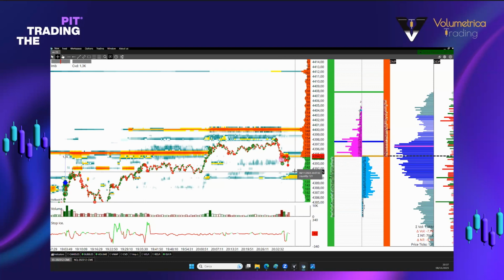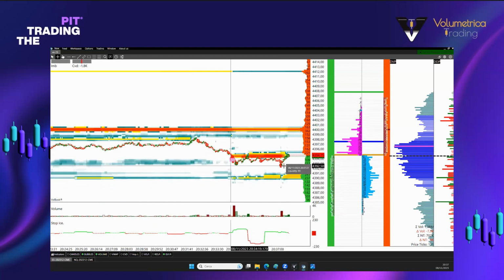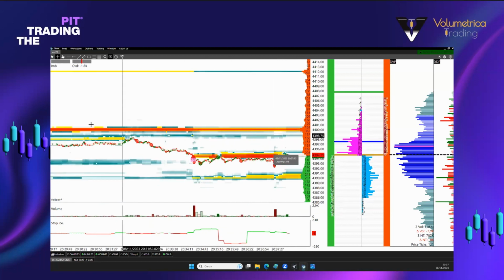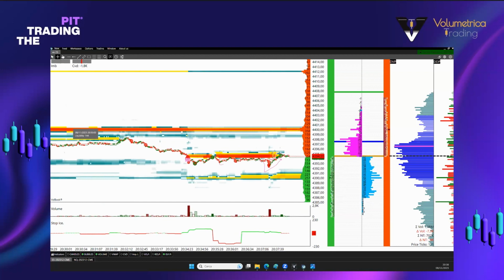Look at that. Now price is attacking back the previous wall, which has weakened a lot from where it used to be. Strong red. Price came here and it was still here, but a lot weaker.